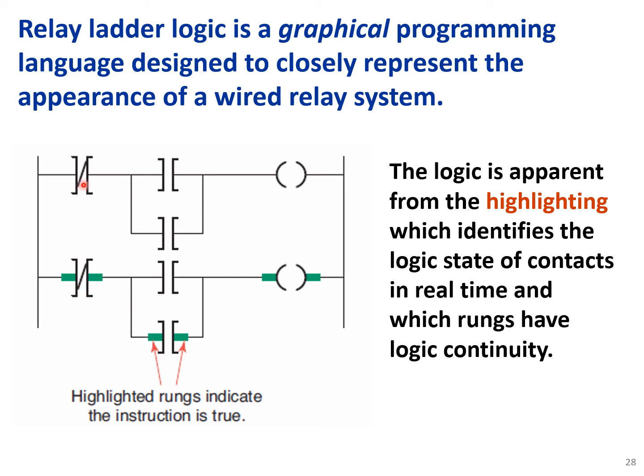These contacts are false at this moment, and these two contacts are true. The program shows the logic status of these contacts by these green highlighted bars. So the OTE, or the coil, will be true by going through the logical continuity on these paths.